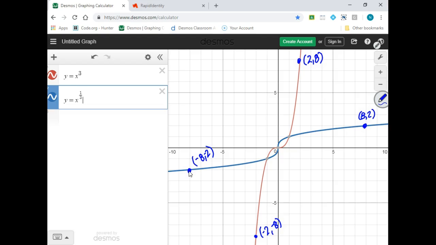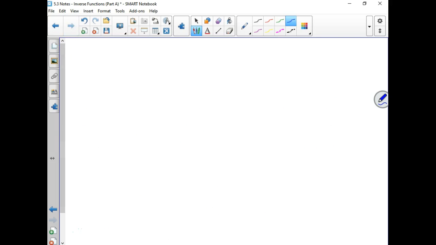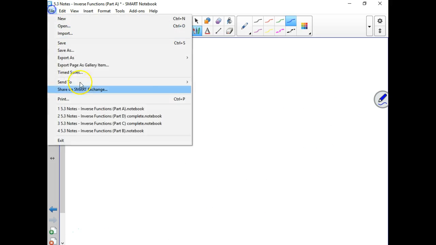So if you're having trouble deciding if it's been reflected over the line y equals x, you can pick a few points to see if they have been flipped there. Okay? All right, that is all I have on that section.